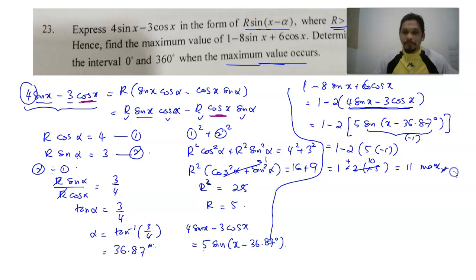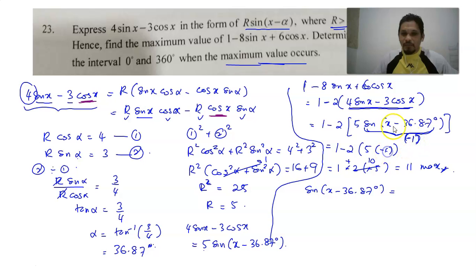Maximum. Okay, now just imagine that if sine of angle x minus 36.87 here equal to negative 1.